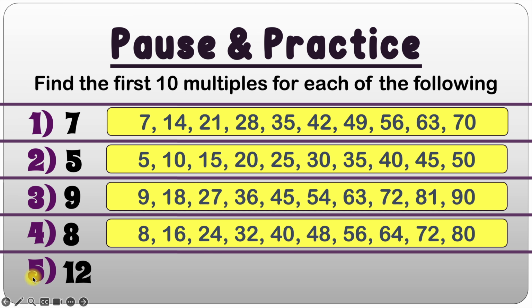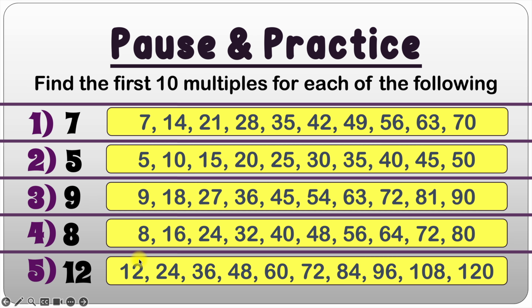And finally, number 5. The first 10 multiples of 12 are 12, 24, 36, 48, 60, 72, 84, 96, 108, and 120.